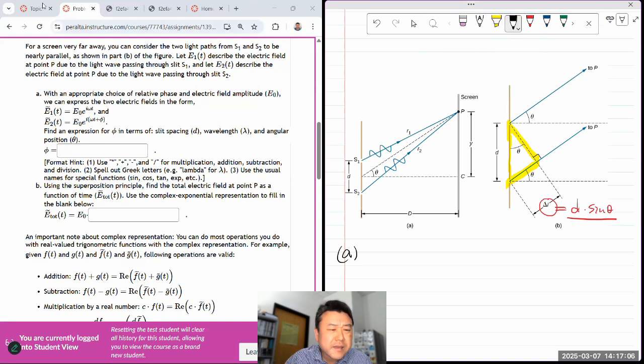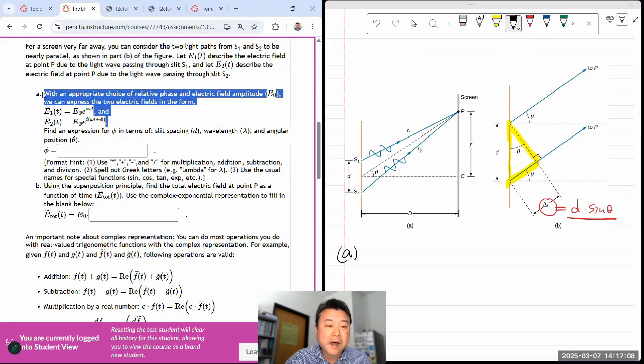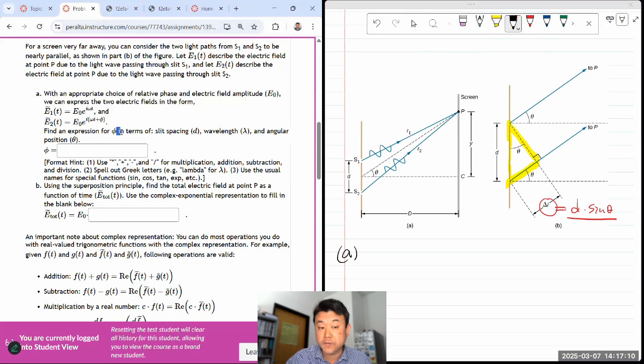I guess the reason they gave you all this is, in a roundabout way, to define the symbol phi. This is what we call the phase factor. It's the phase difference between the two sources. E1 doesn't have it. You add it to E2. That's the difference.